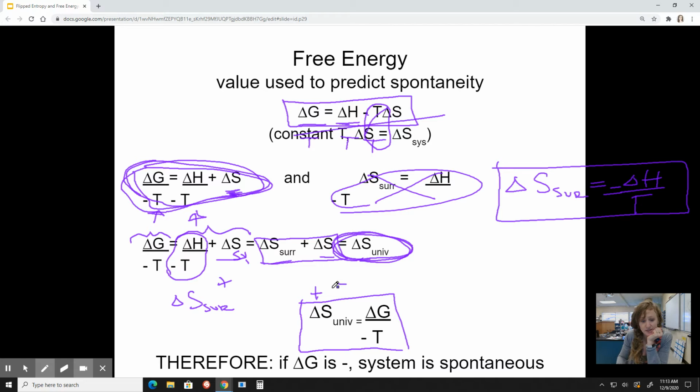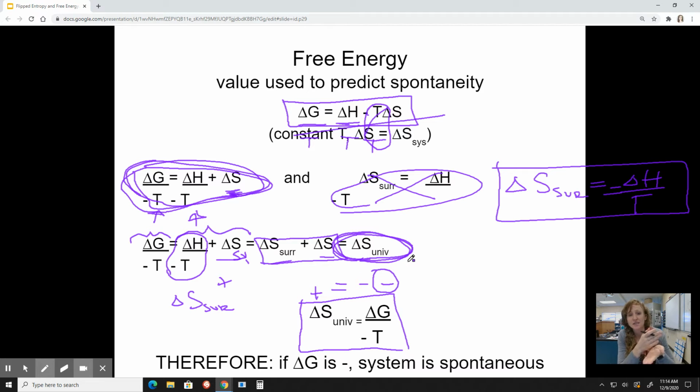So if this is equal to negative delta G over T, what sign does delta G have to be in order for this equation to come out to positive? Delta G must be negative in order for negative delta G over T to be equal to something positive.